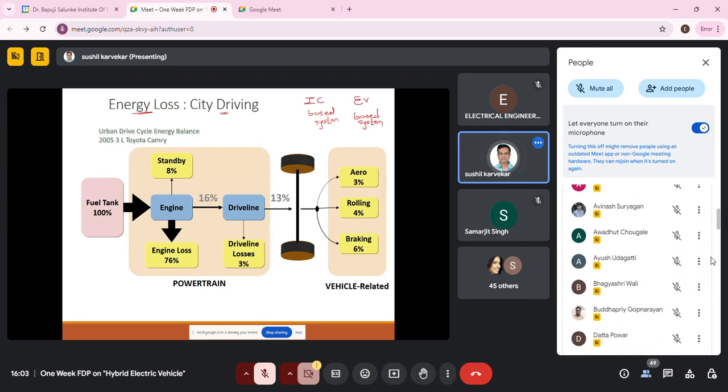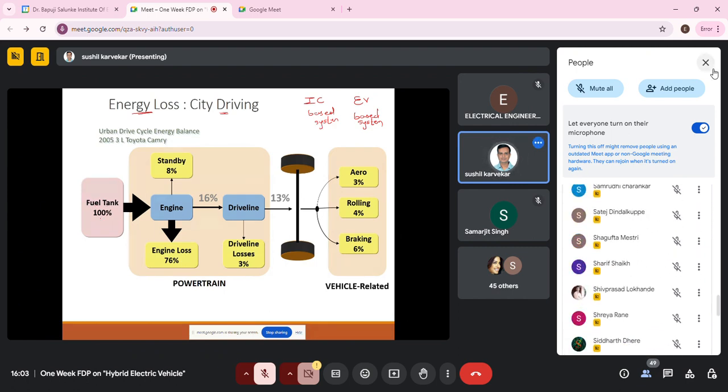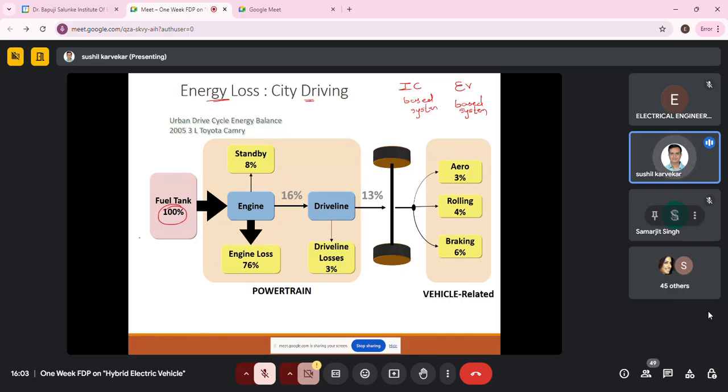Now fuel tank, if we say that 100% energy is present over here, then how much amount of energy would be reaching at this destination? So net, if we start with 100, then how much energy is going to get dissipated at different parts, that is something which we need to talk about.